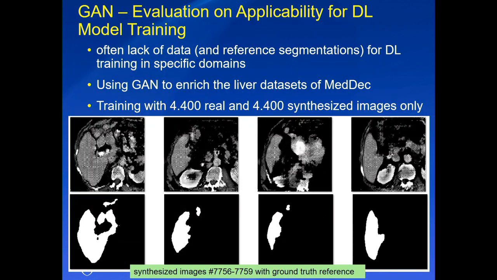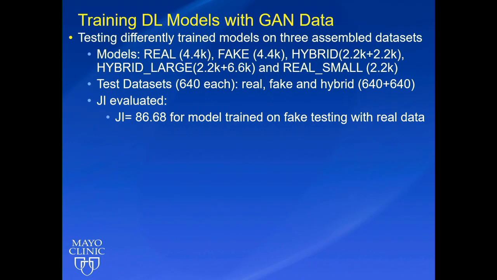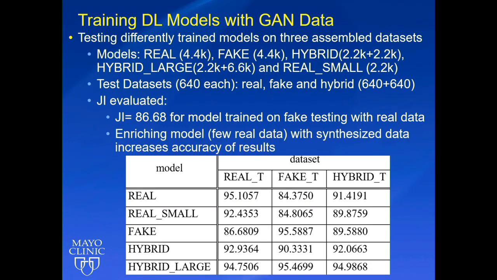Yeah, so let's test with some enriched datasets with some 4,400 real and synthetic ones. Testing a 4,000 real dataset on real-world data gives this accuracy. Reducing the data to 2,200 gives lower accuracy of the trained model for all testing datasets, real, fake, and hybrid.